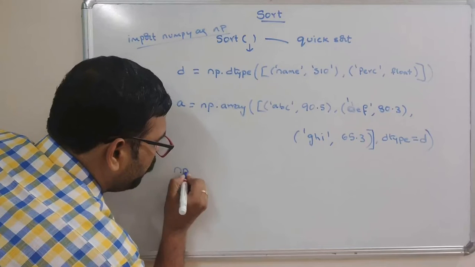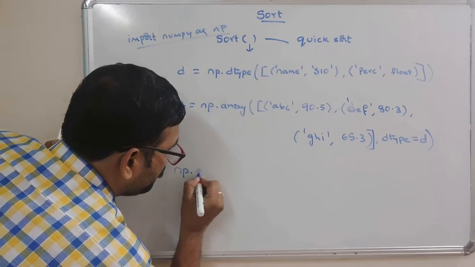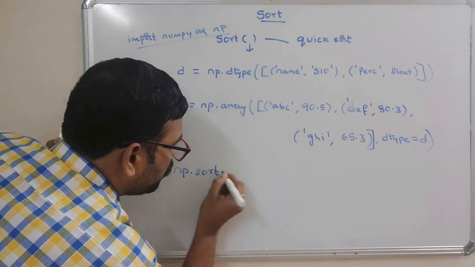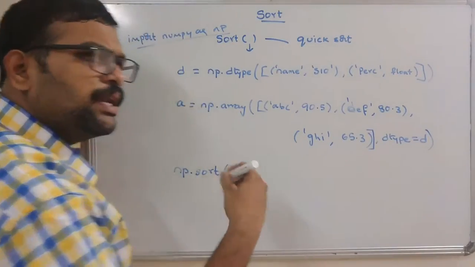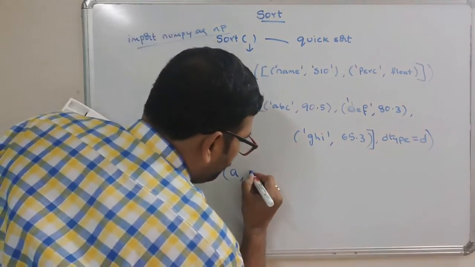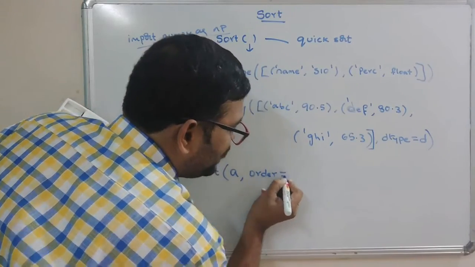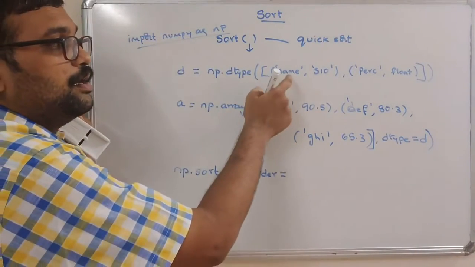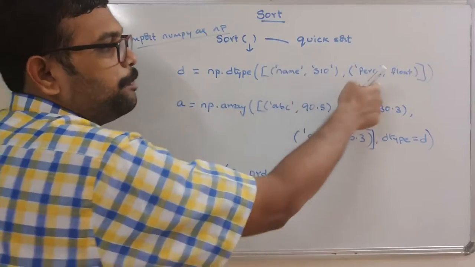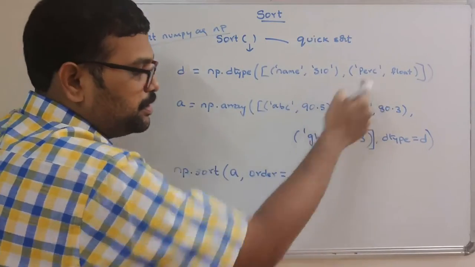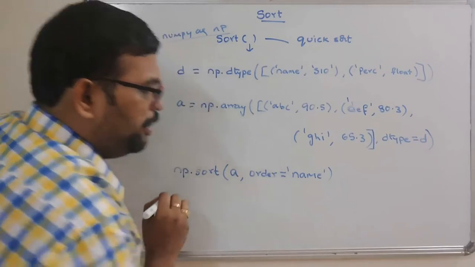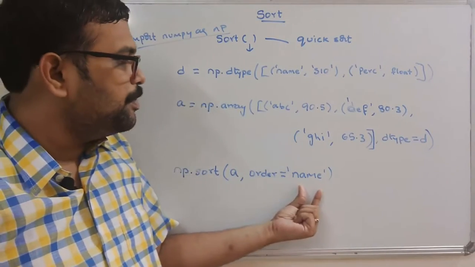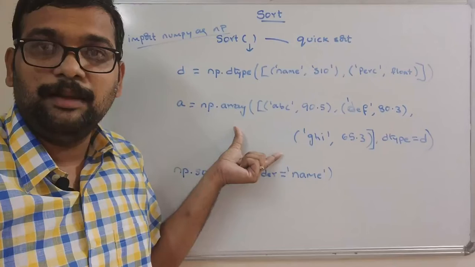Now if you want to sort this according to the order, we have to go with np dot sort of A. We can remove the axis, no problem. Simply we can go with order is equal to, and you have to give the name, either name or percentage. If you give order name, the elements will be sorted based upon the name.